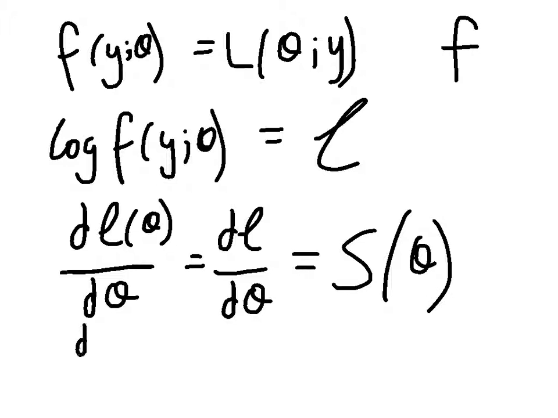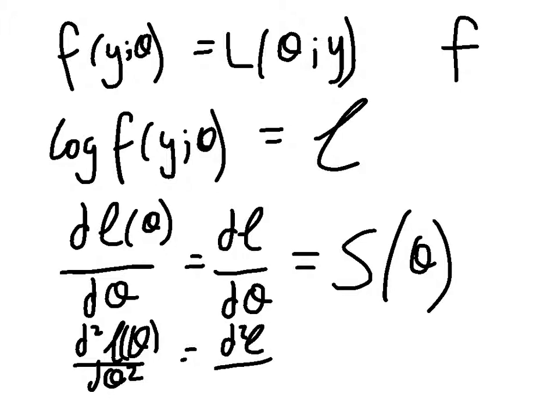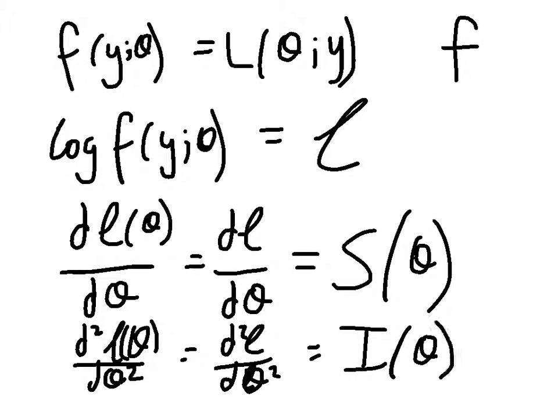Then if we take the second differential of the log likelihood, again abbreviated depending on space, this is what's known as the information. If we evaluate that at the maximum likelihood values, we have the observed information. So we're going to look at some results based around these, essentially to find the expected values.